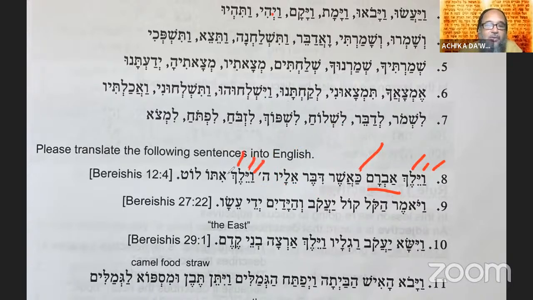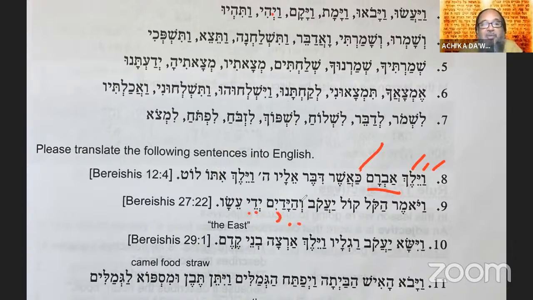And he went Itu with Lot, which is Lot. Wayomer HaKol Kol Yaakov, and the Wahayadim Yade the Asa. So if you read it enough, you know that Asa is Esau. You would know that Yad is the hand, but we got a semicolon with the two dots and a yod, meaning those were hands.